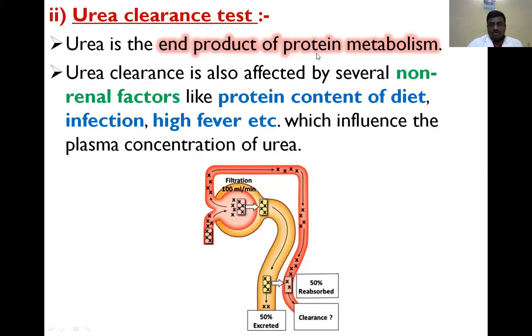Urea is the end product of protein metabolism. Whenever protein digestion takes place, if there is a high amount of protein digestion, more urea is produced. Urea clearance is also affected by several non-renal factors like protein content of the diet, infection, and high fever. In these conditions, more urea is produced.